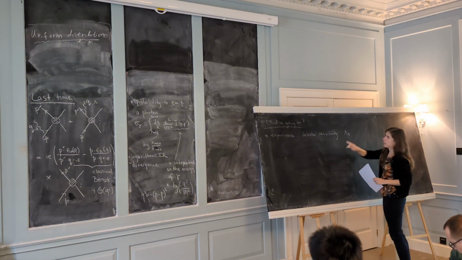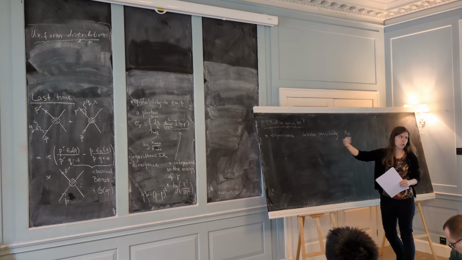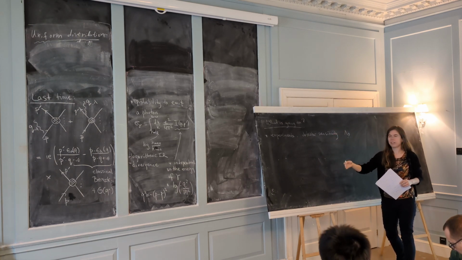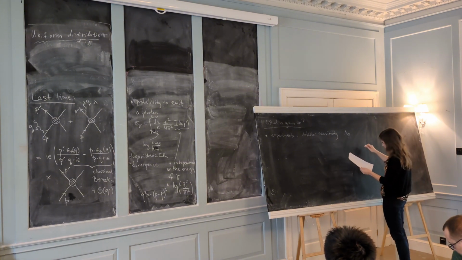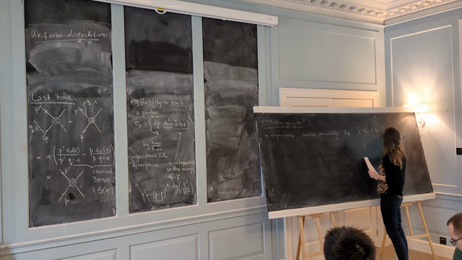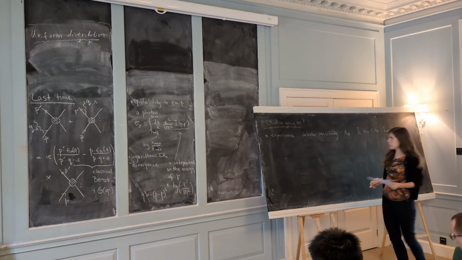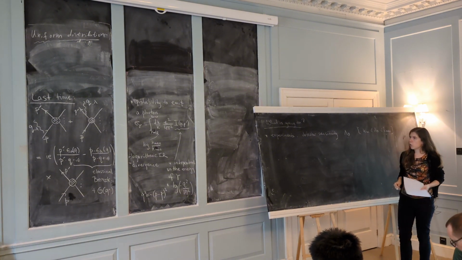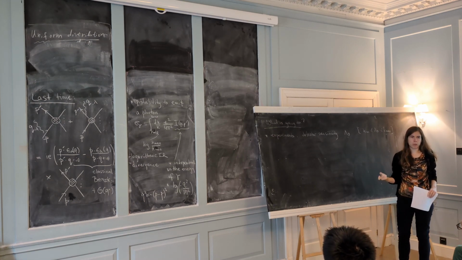So again, this lambda d is going to be somewhere in between this k min and this k max. This k min was just an artificial infrared regulator. This lambda d, you can think about it as a more physical scale, associated with the device. And so, in other words, the process of emitting a photon with energy below this lambda d is actually indistinguishable from just the process with no photon at all.